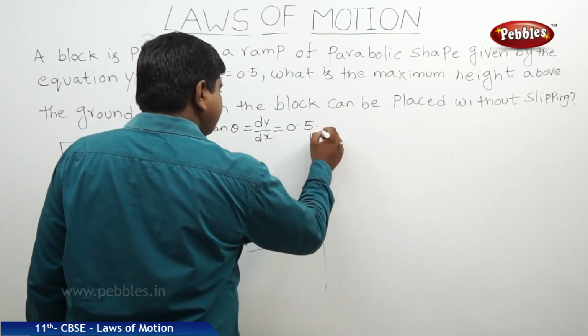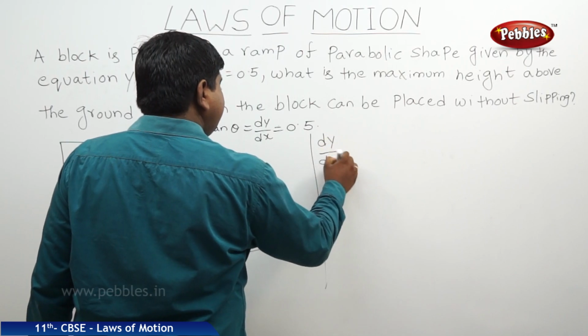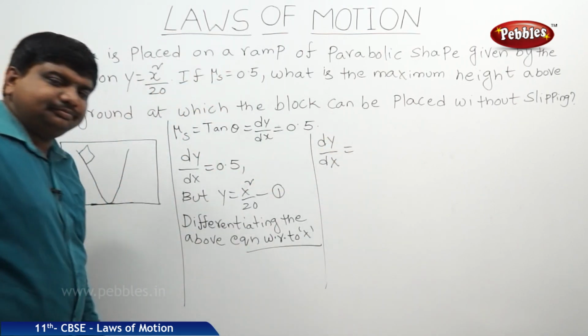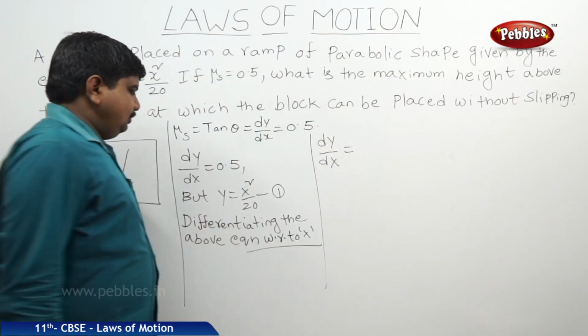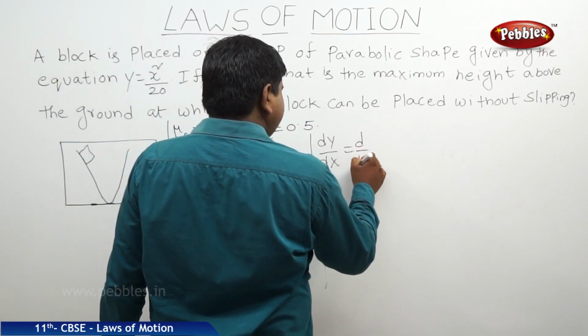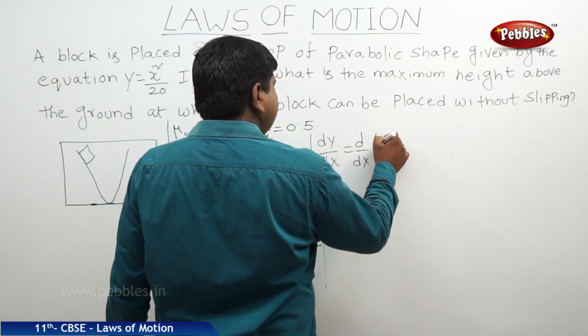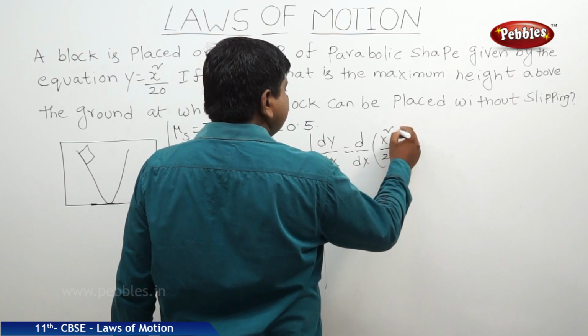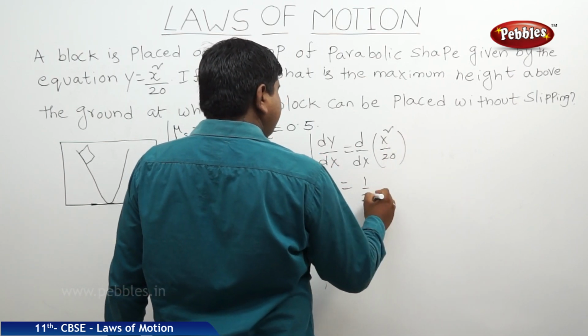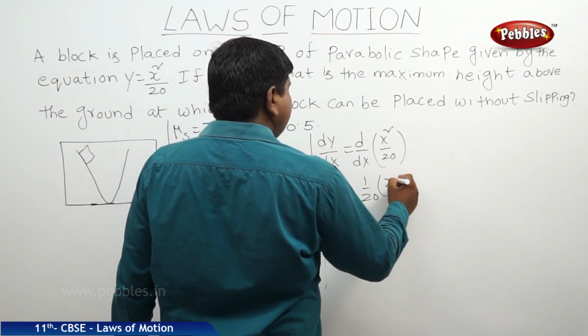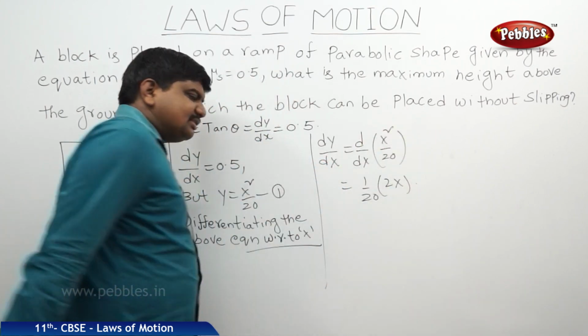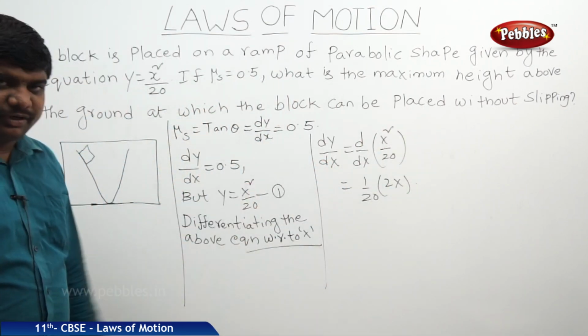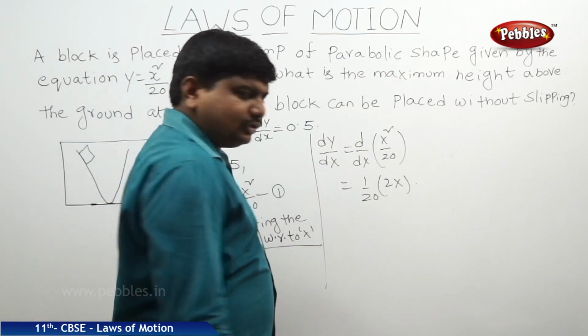So therefore dy by dx is equal to d by dx of x square by 20. So this will be 1 by 20 into 2x, because differentiation of x power n is equal to n into x power n minus 1. So x square gives 2x.